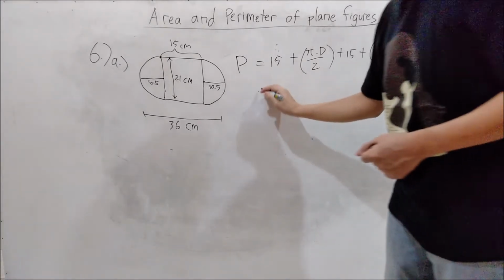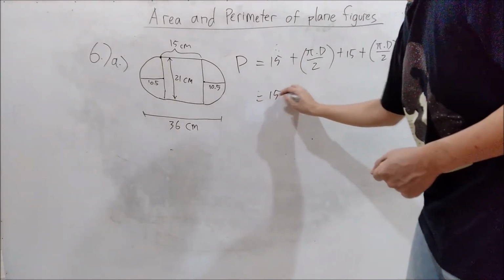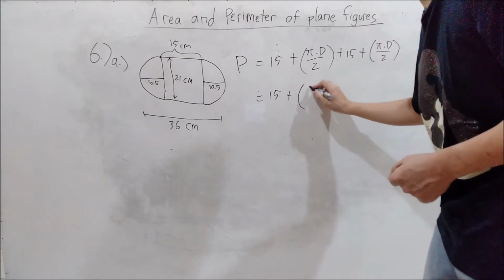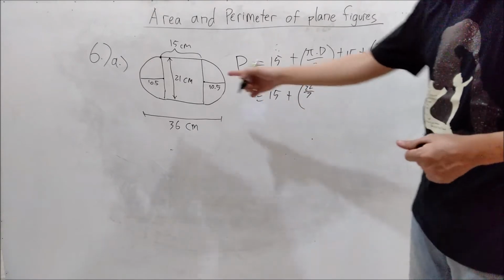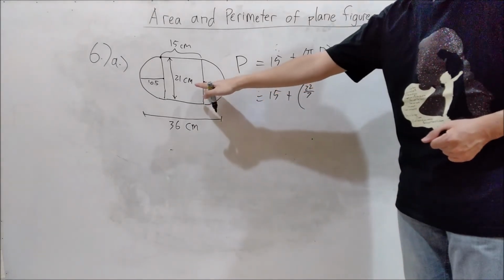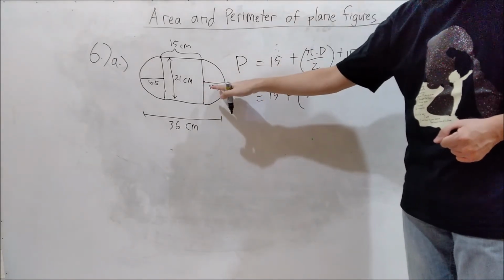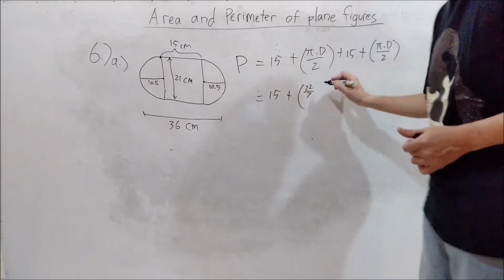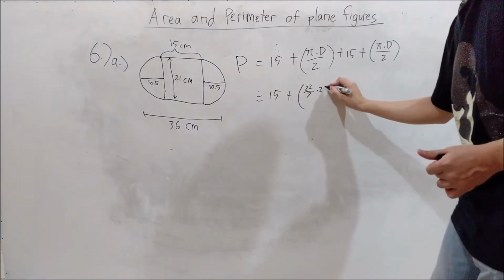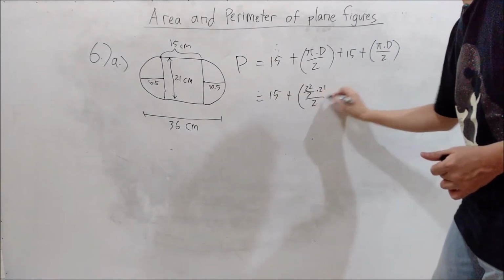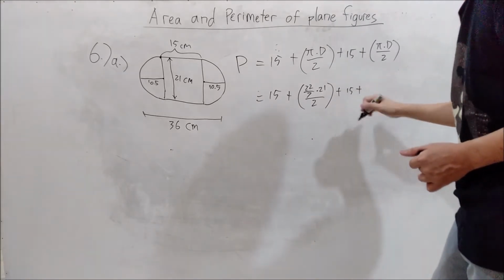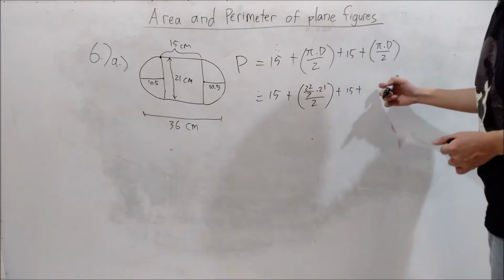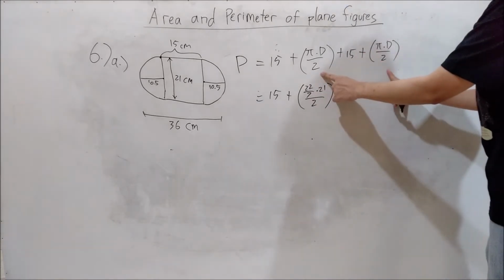Then we continue with 15 plus, we will use 22/7 for the pi. The radius is 10.5, so the diameter will be twice of it, which means 21, divided by 2, plus 15 plus the same thing. You will write the same because as you can see, this is the same thing.